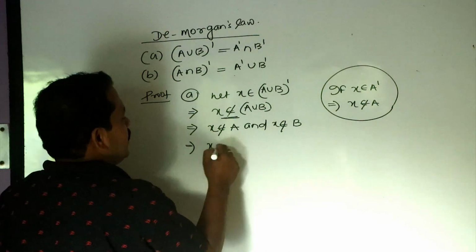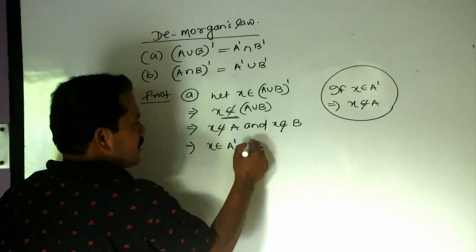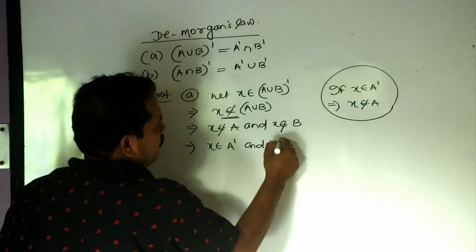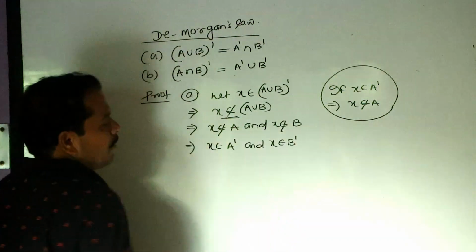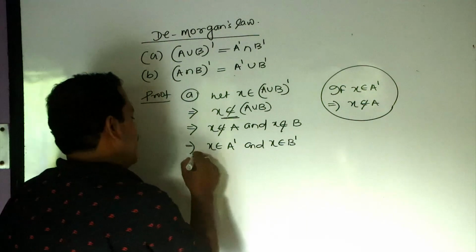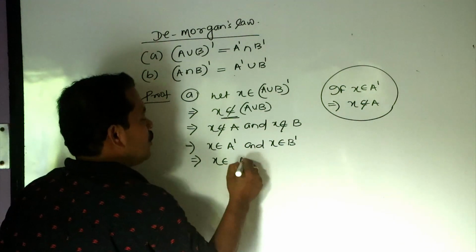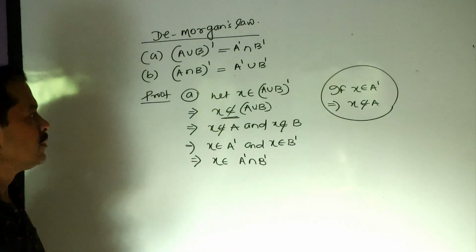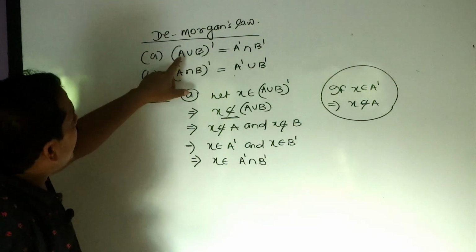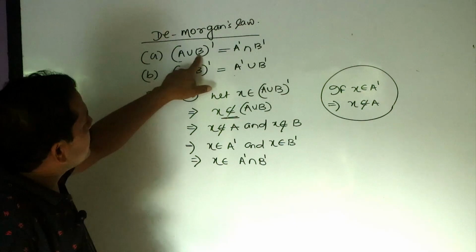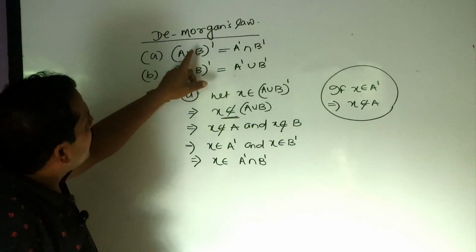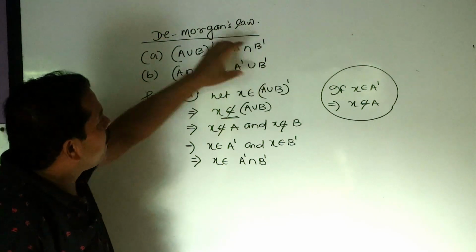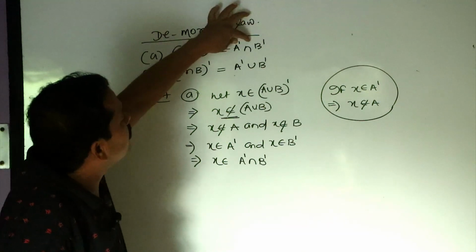This implies x belongs to A dash and x belongs to B dash. This implies x belongs to A dash intersection B dash. Now we take x as an element from this set, and we prove that x is also an element of this set, means this set is a subset of this set.